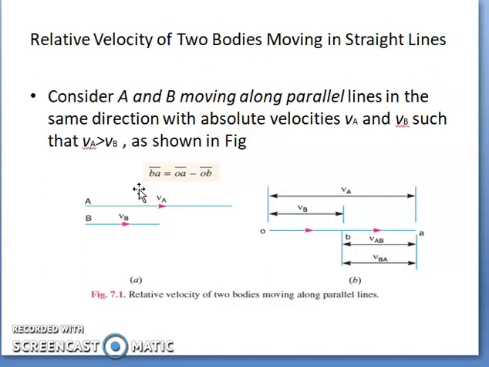If both are traveling at the same velocity, we will feel that our train is not moving at all, that is, we are stationary. If that train is slightly slower, we will feel that we are moving at a faster rate. If it is moving faster than us, we will feel that it is moving faster than us.